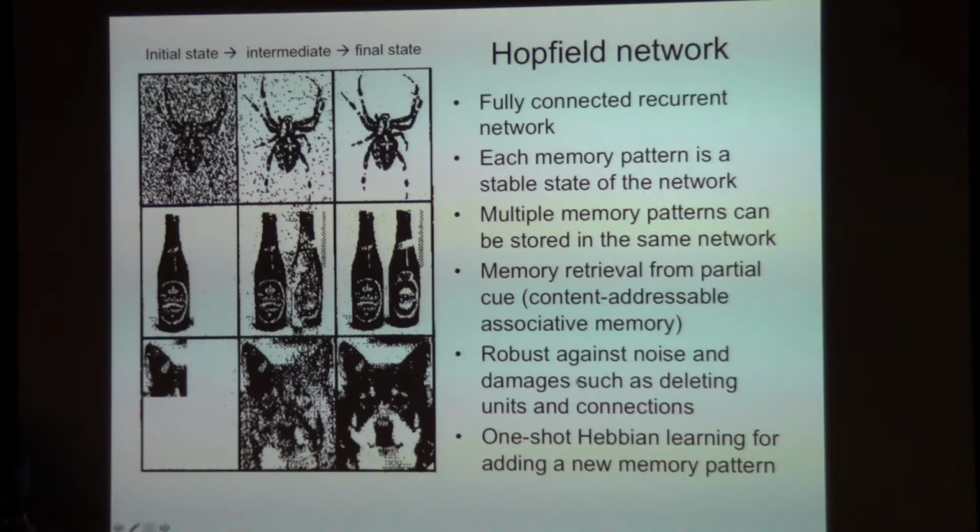What about damage? Damage means this is a fully connected network. You have neurons, and everybody potentially connects with everybody. If you cut the wires so the connection just disappears, or you change them, either increasing or decreasing in a random manner, you can cut half of all the connections or even more, like 80%, so only 20% of the connections remain, and you still can do this kind of work, right?